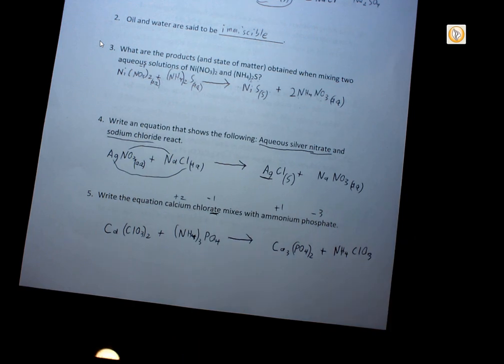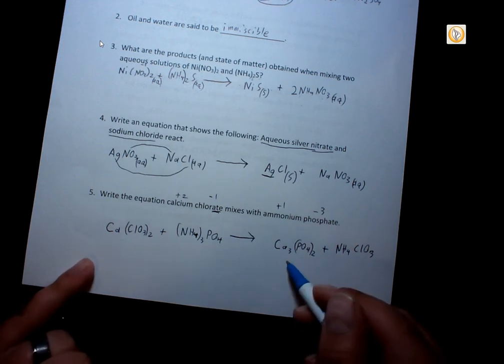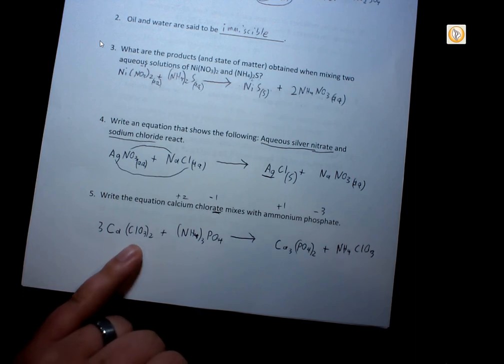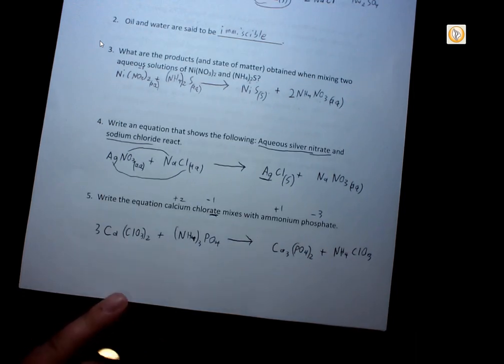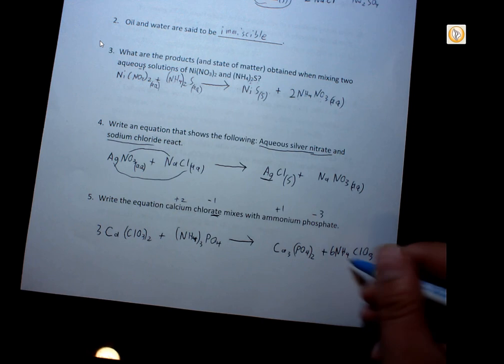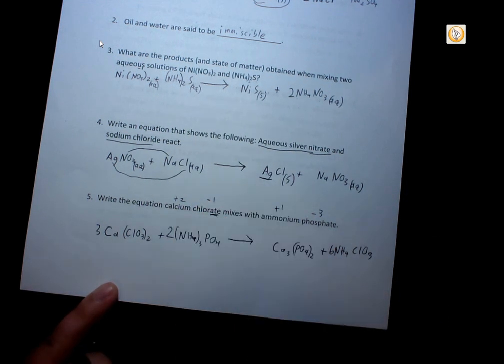Yeah, we got a lot of balancing to do here. So calcium, we see we have 3 of them over here, so let's pop a 3 right here. That gives us 6 chlorate. So let's take the 6 right here. That also gives us 6 ammonium. So we'll put a 2 right here, and we should be balanced.